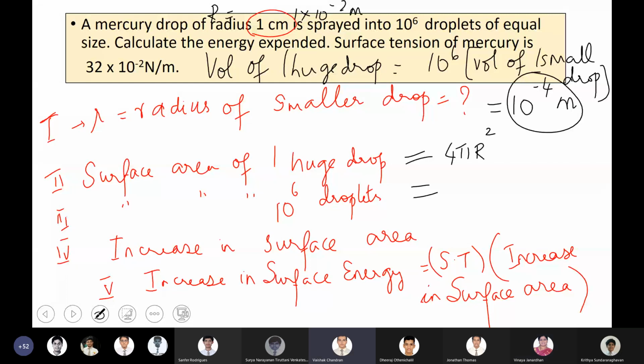So 4 pi into 1 into 10 to the power of minus 2, the whole square. So it will be 4 pi 10 to the power of minus 4 meters squared.